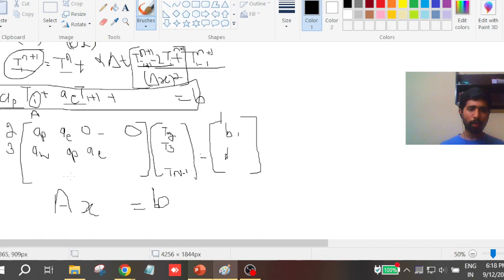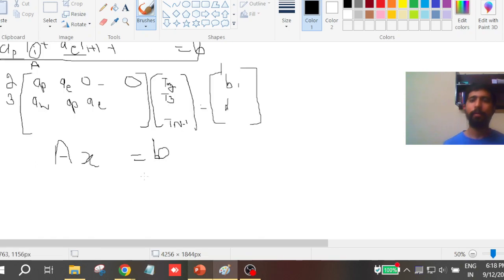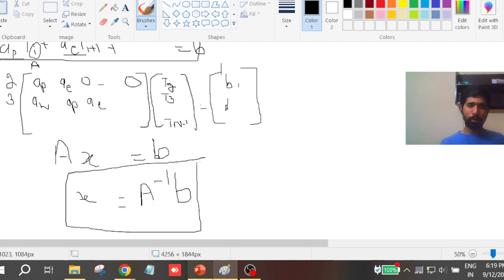Now we have to solve this equation. We have all learned in our elementary schooling that if we get such an equation, then X will be equal to A inverse into B. That's the standard thing we have done in school.